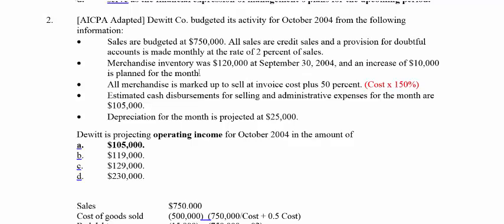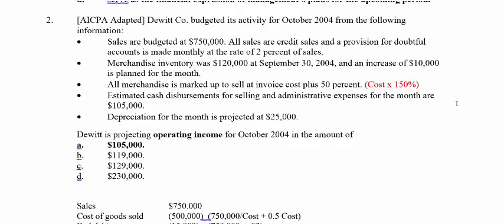Can we not take 750,000 and divide that by 1.5 in order to get cost of goods sold? Yes, we can. So 750,000 divided by 1.5 gives us $500,000 for cost of goods sold.